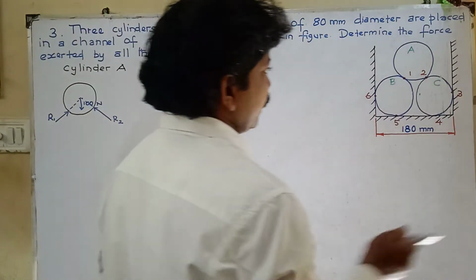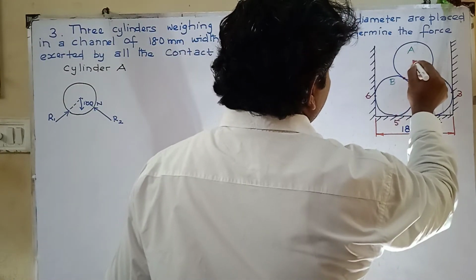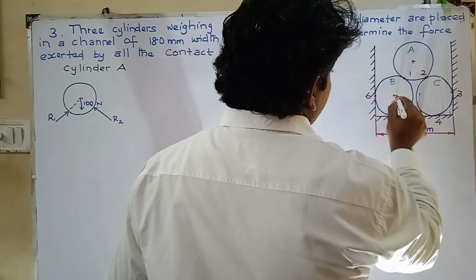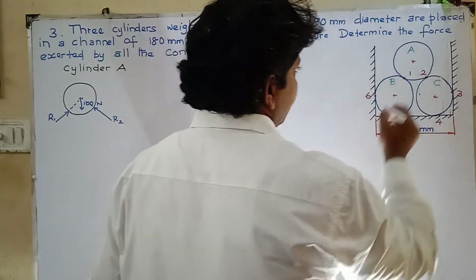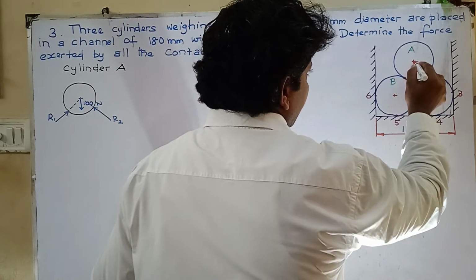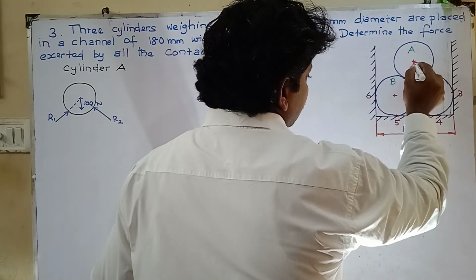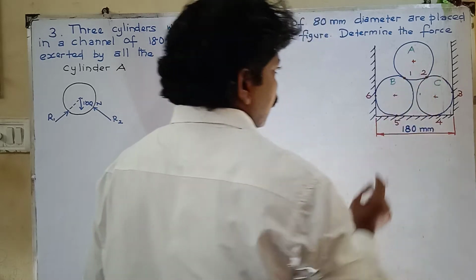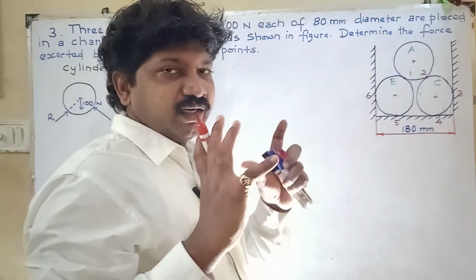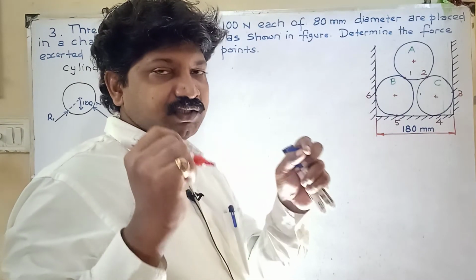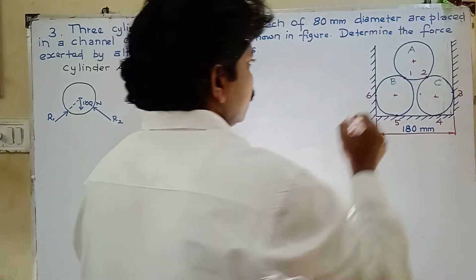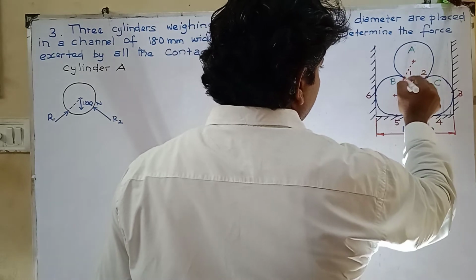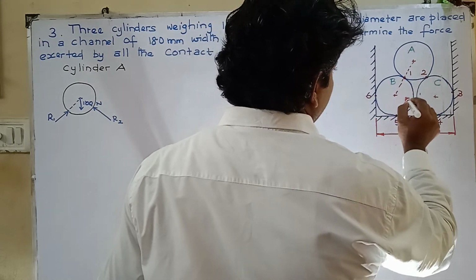The 3 cylinders are identical. See, they join the center of gravity and the contact point. For the 2 cylinders in contact, the CG of the 2 cylinders and the contact point are on the same line of action.